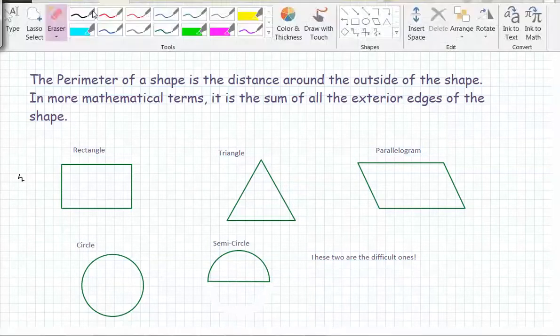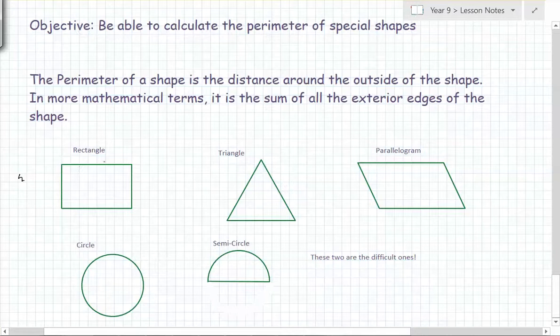So for instance, if I've got a rectangle, a 3 centimetre by 5 centimetre rectangle, what would it be? That would be the area, 3 times 5, which is 15.